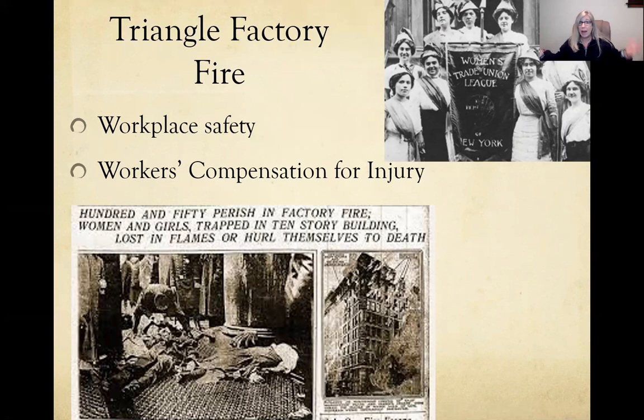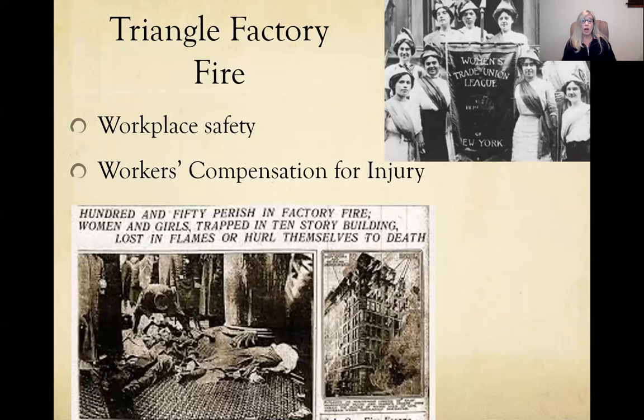Nobody knows that there's a fire on like the 7th or the 8th floor. The women are stuck there. They can't get out and they're trapped, and there's no fire extinguisher. There's no fire escape to get out of the upper story of the building. That was not a thing at that point. There wasn't any sort of requirement that any of that be in place.